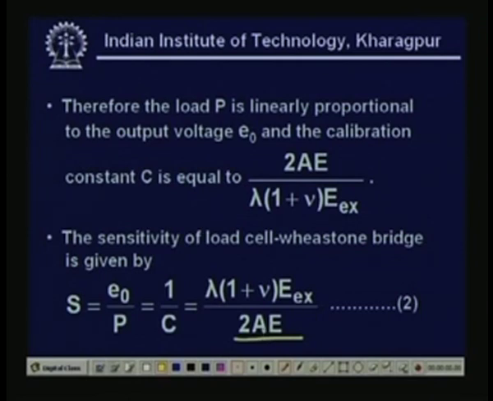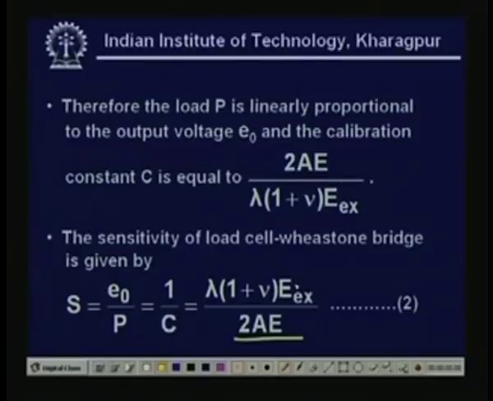Or we can decrease the values of A and E. We can decrease the area of cross section of the load cell, the column type load cell. Young's modulus of elasticity of the material, we can choose the material in such a way that the Young's modulus is also lower. In that case our sensitivity will increase.